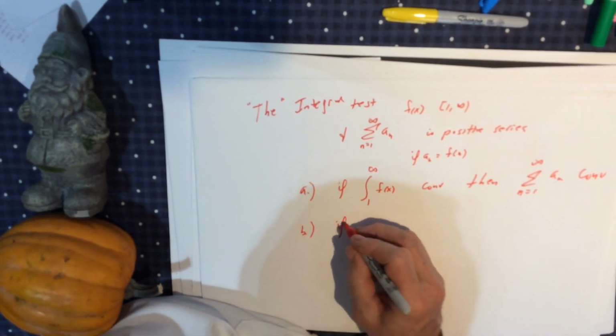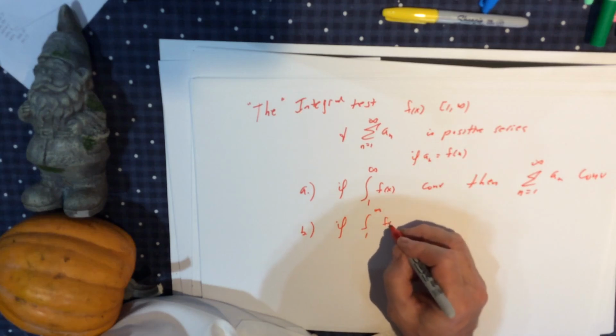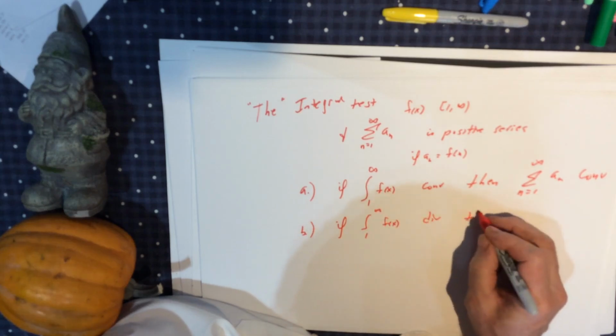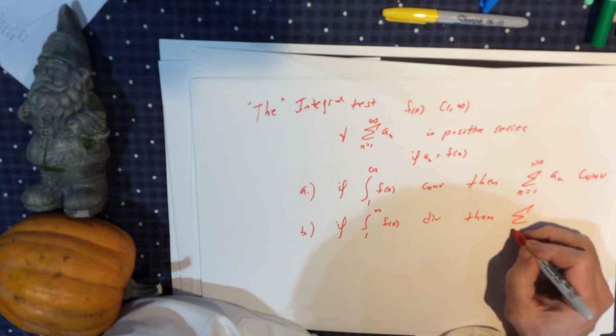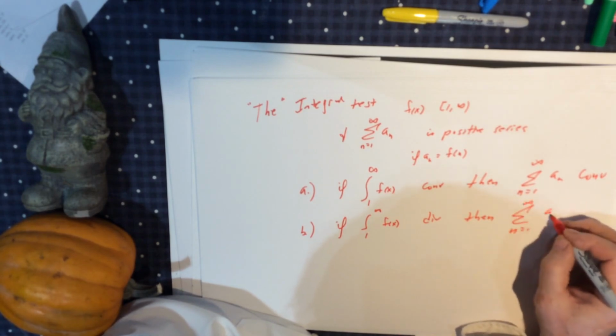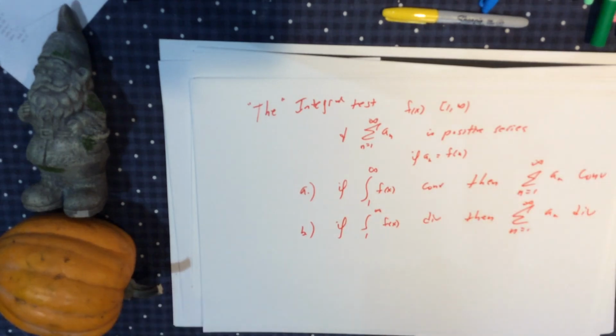And part B, if the integral from 1 to infinity of f of x diverges, then the series diverges. So the series does what the integral does.